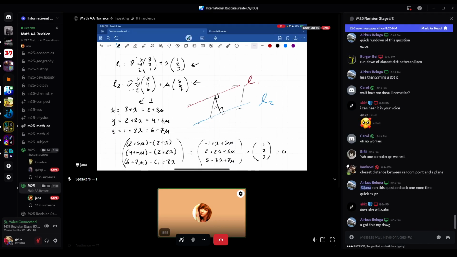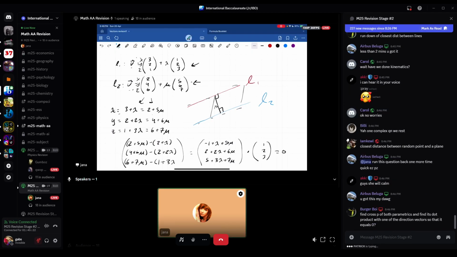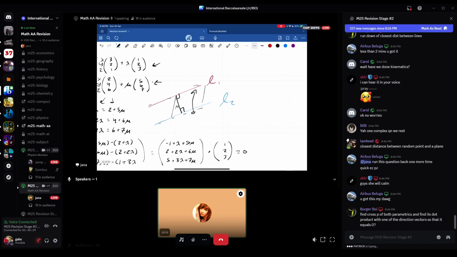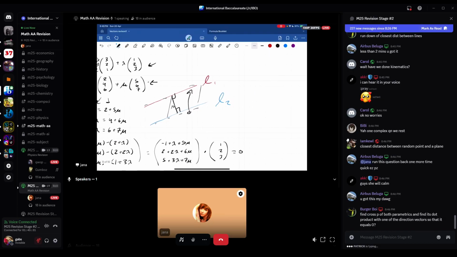With the parametric equation of the line, we can find the position vector of any point on this line and any point on this other line. So, if we do that, we know that from here to here is perpendicular to this direction and it's perpendicular to this direction.